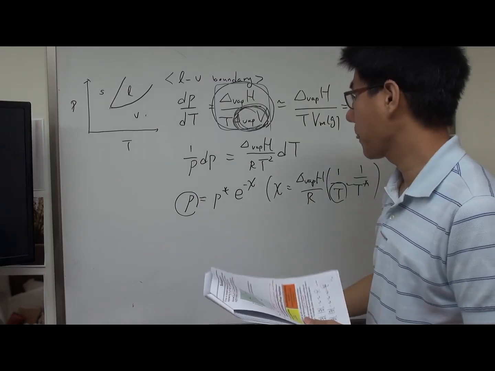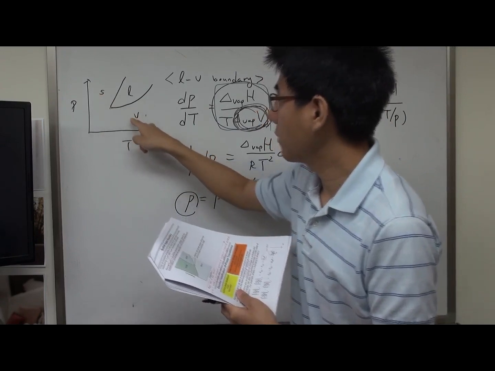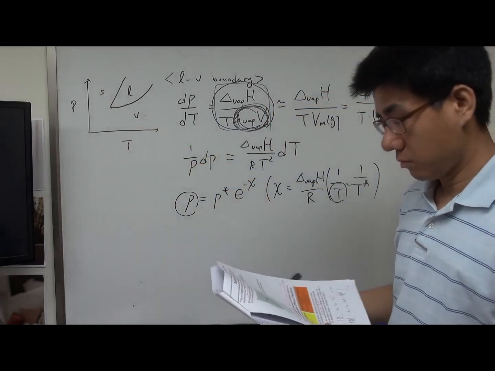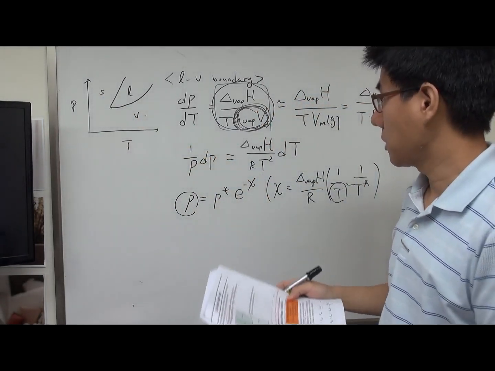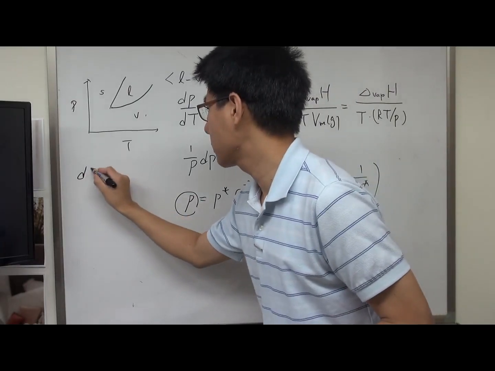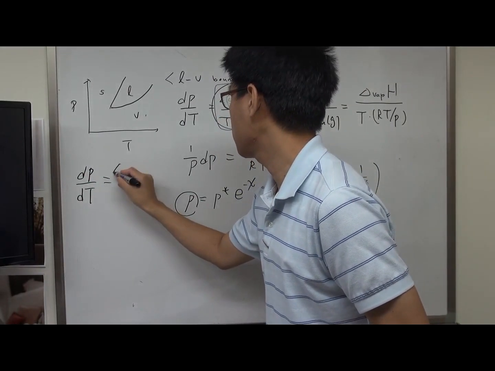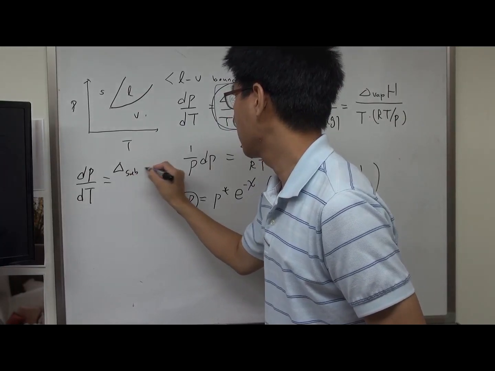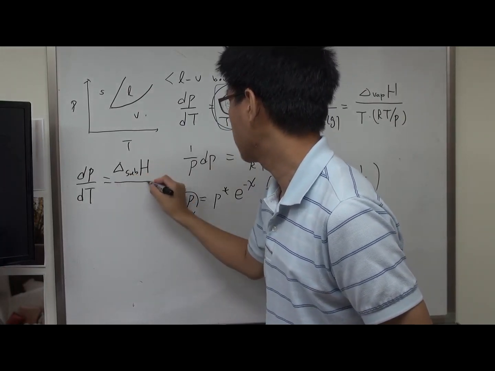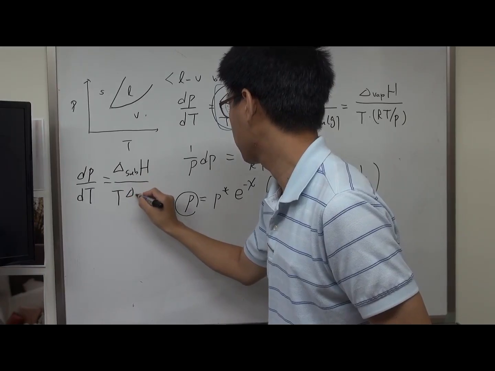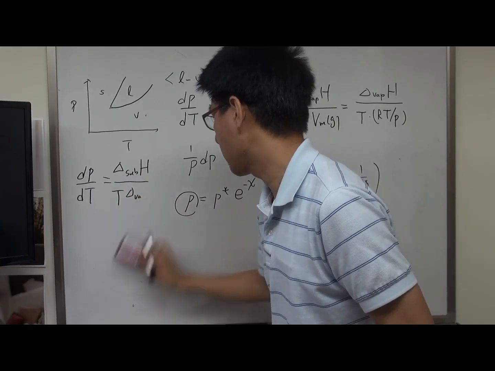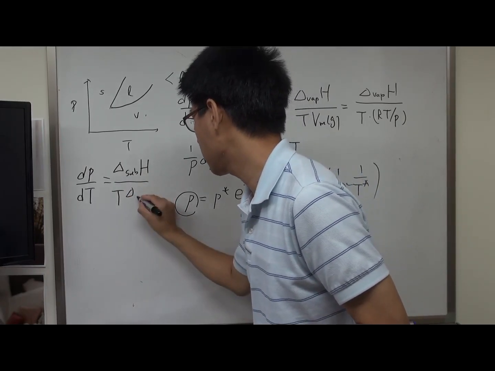Finally, how about the solid vapor boundary? Everything is the same, right? For the solid gas boundary, you get the same expression, but the only difference is it is for sublimation, not vaporization, sublimation.